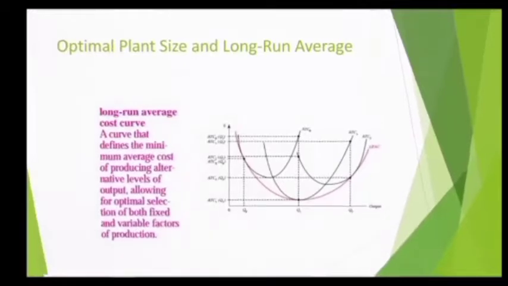The long run average cost curve, or optimal plant size and long run average. The long run average cost curve is a curve that defines the minimum average cost of producing alternative levels of output, allowing for optimal selection of both fixed and variable factors of production.